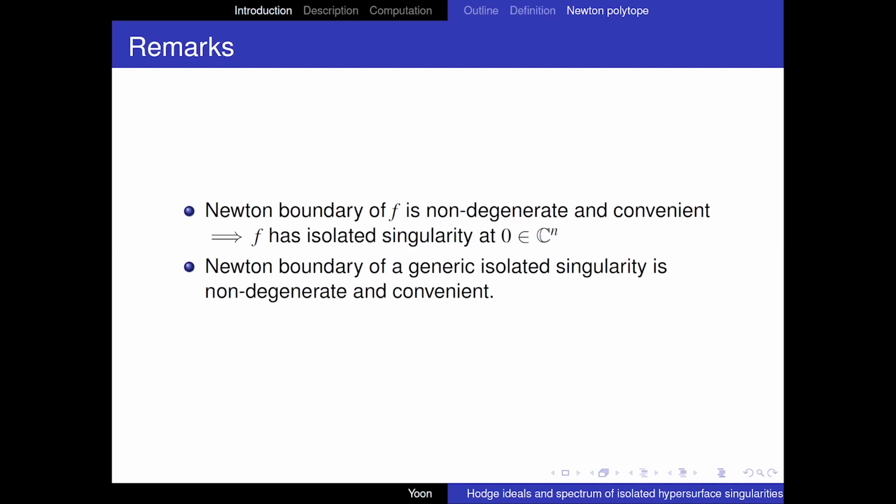However, the good news is this: non-degeneracy and convenience are determined by coefficients. So those are very special, which means non-degenerate and convenient are generic for isolated singularities.